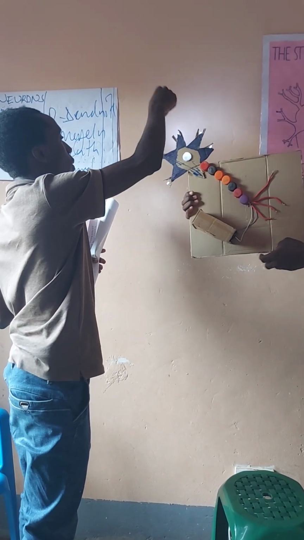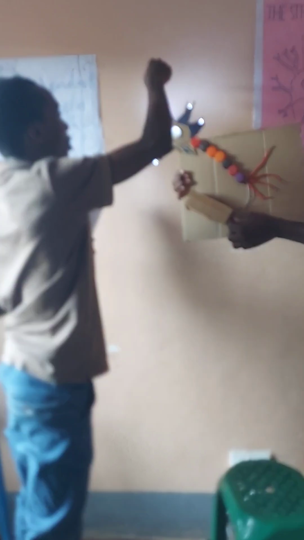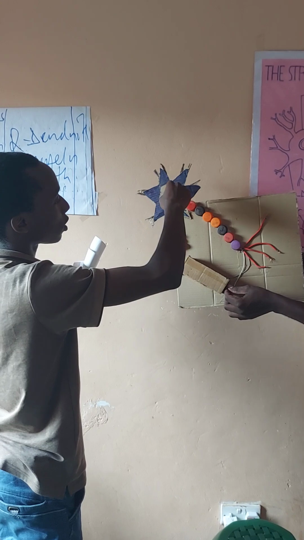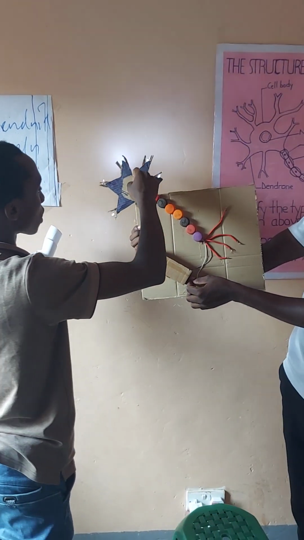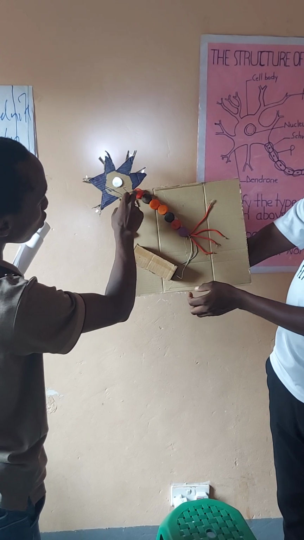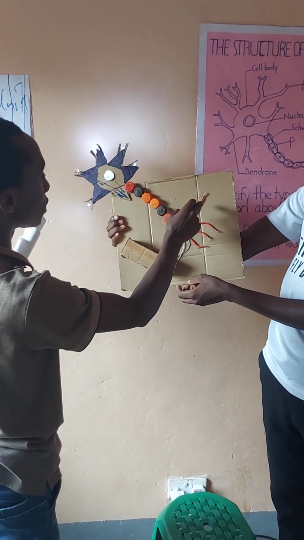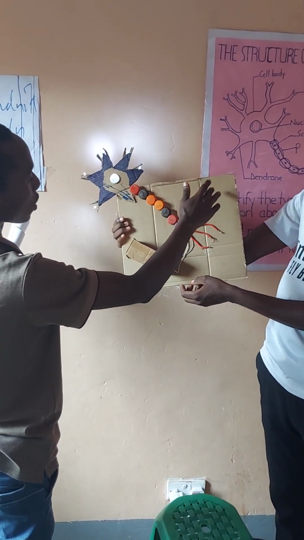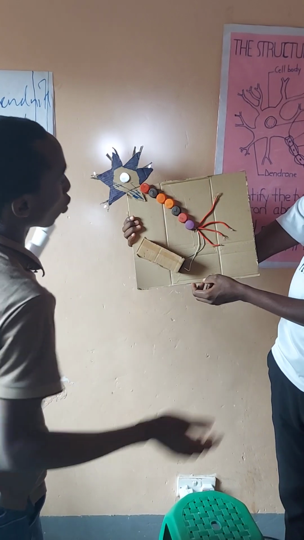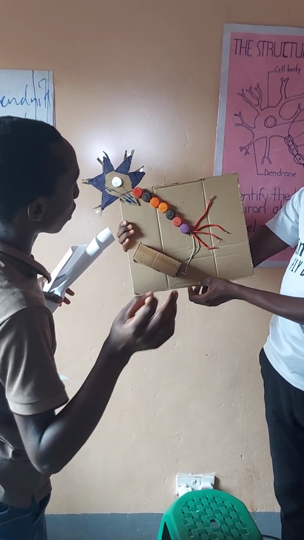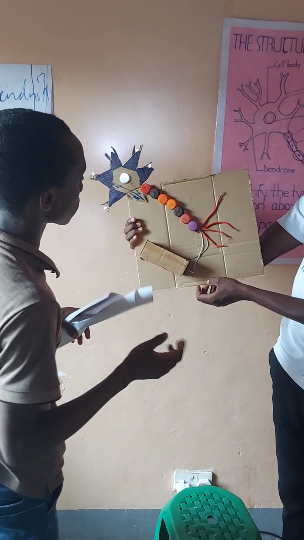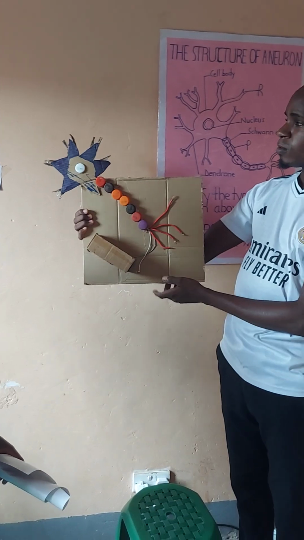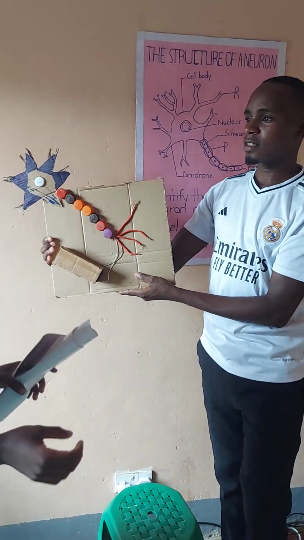When the impulses come from another neuron or a muscle, they are transmitted through the cell body, then through the axon, and then to the effector. The effector can be a muscle or a gland, to cause a response.